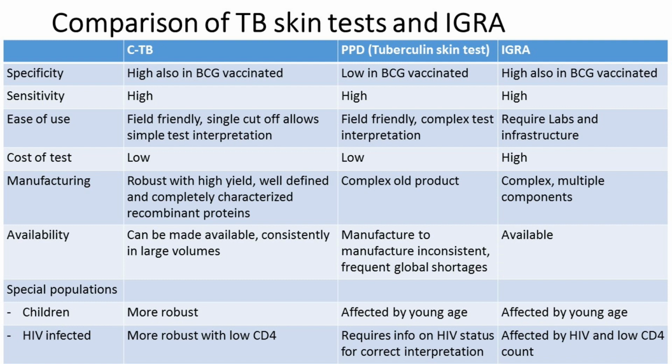Cost-wise, Mantoux is very cheap, while QuantiFERON-TB Gold is expensive. You need a lab and you need to collect blood in these children, and QuantiFERON-TB Gold is affected by the child's age, so below 2 years you may get a false negative. With Mantoux in younger children, you may get a false positive because of BCG. So you have these pros and cons of various tests.